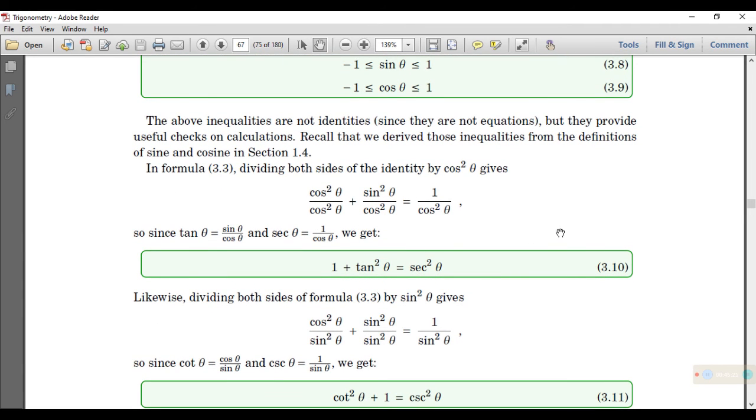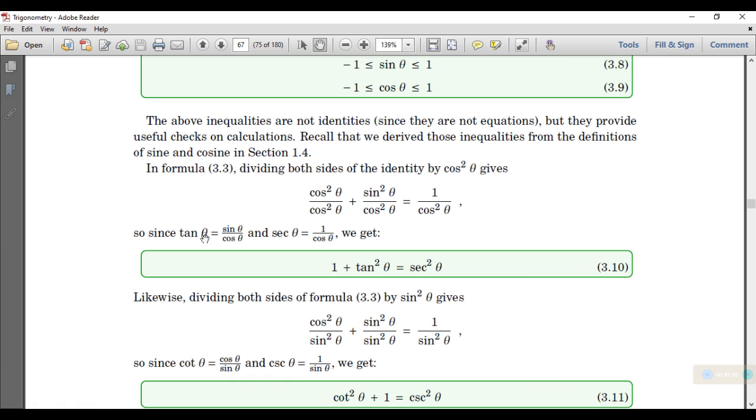Ngayon, in formula 3.3, dividing both sides of the identities by cosine theta gives us, may bago tayo dito, mga equations.